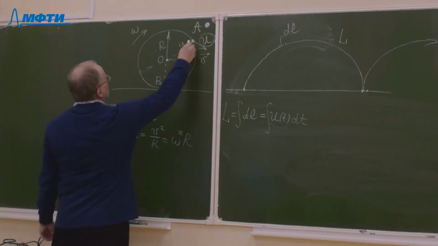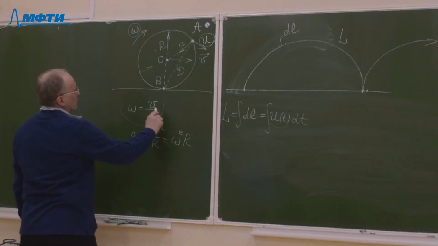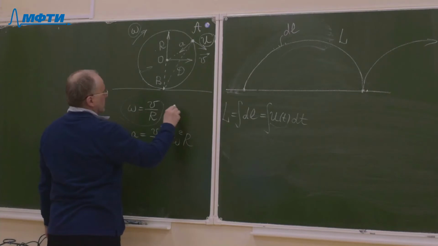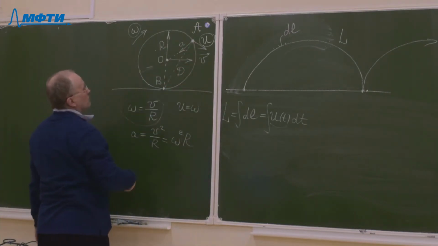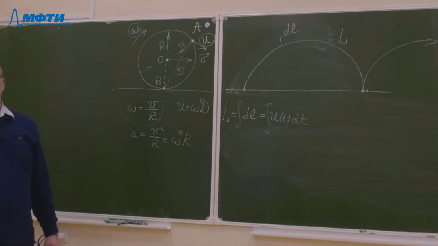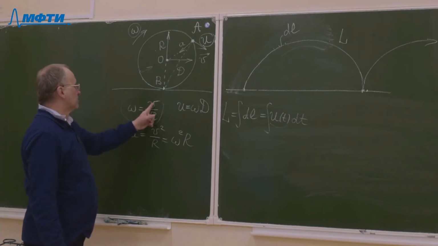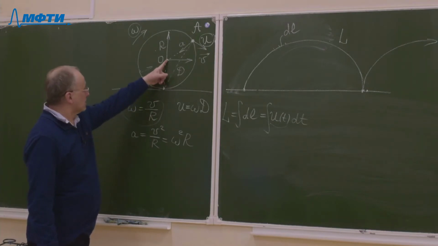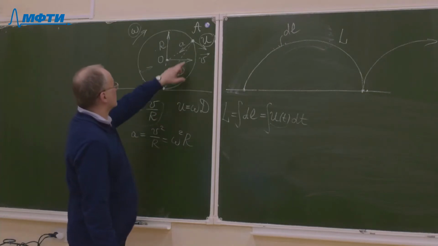If I know distance d and I know the angular velocity, then using this idea, I will obtain the velocity of point A as the angular velocity of rotation of the wheel times distance d. The same formula, but just slightly different notation. This is the velocity of the center of the wheel, and this is the radius of the wheel. And now I have the velocity of some point A.